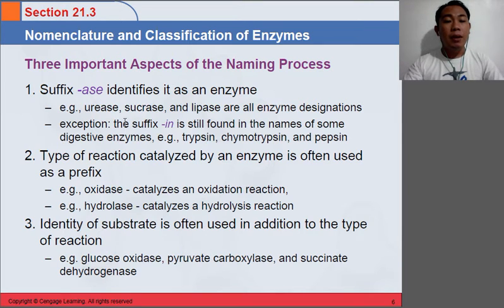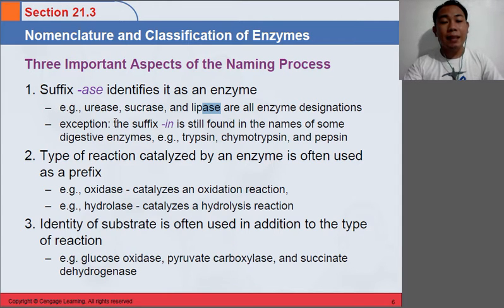For example, urease, sucrase, and lipase are all enzyme designations. The -ase here signifies that this is an enzyme.